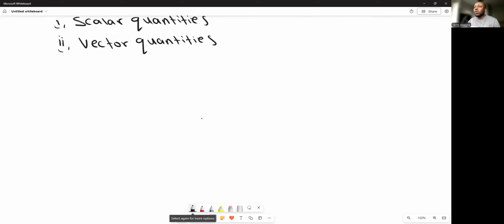All right. So the scalar quantity, like I said, they just have magnitude and no direction. So basically, they can be defined using a single number with appropriate units, okay?